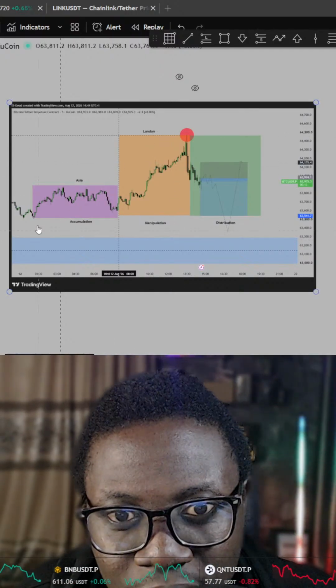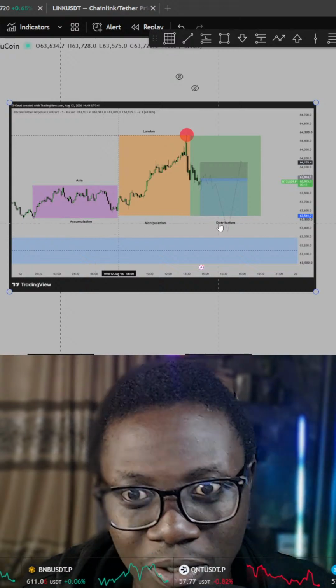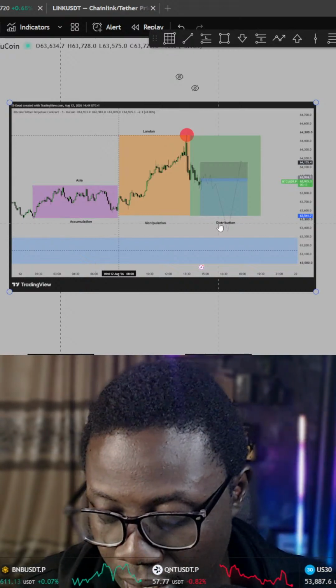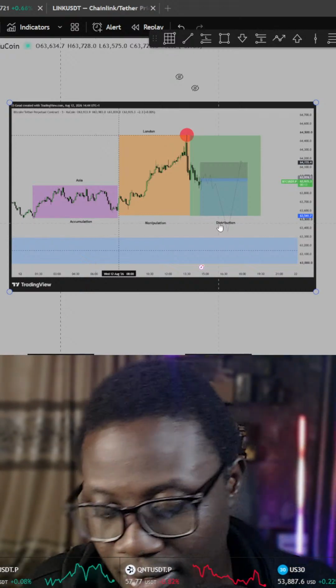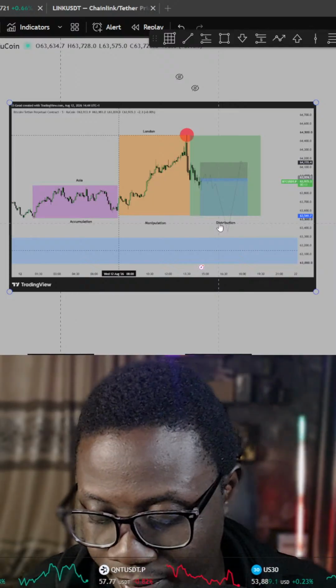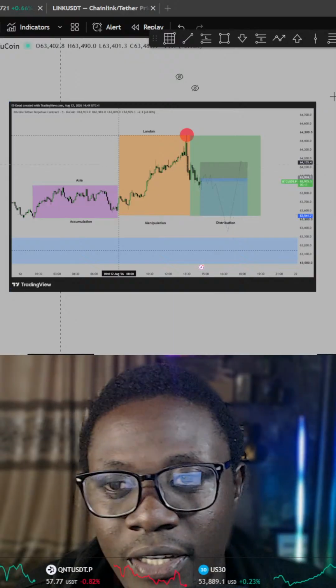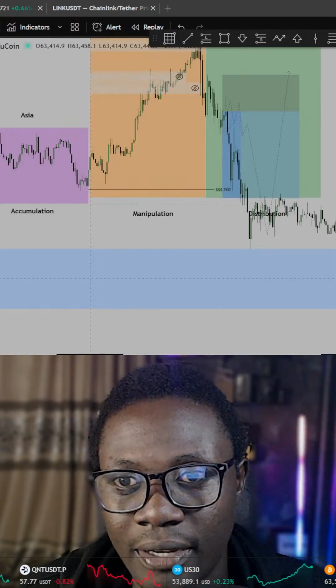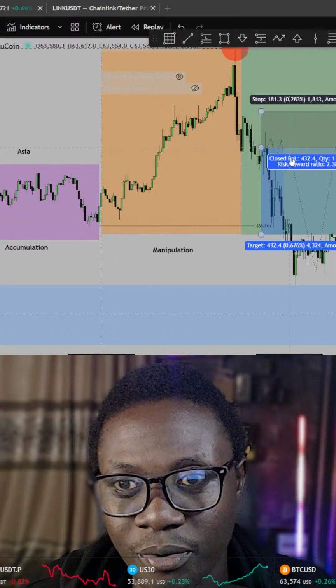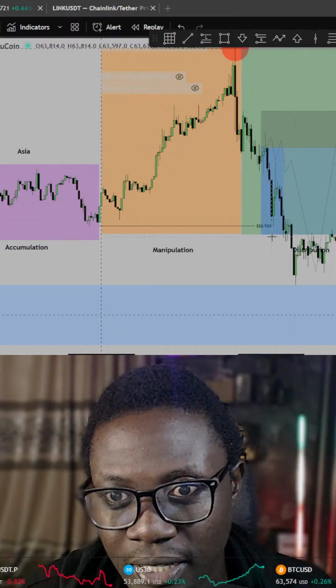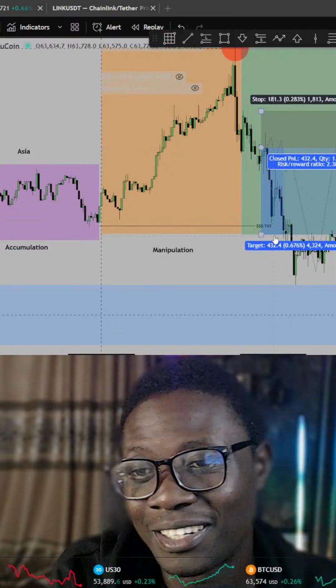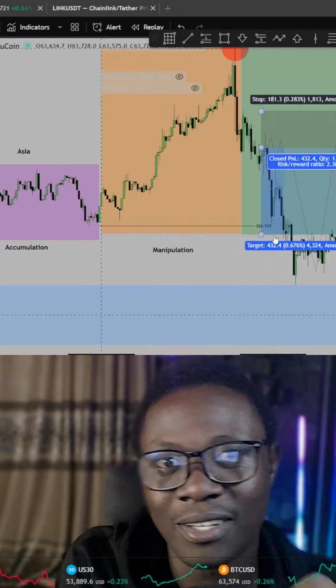You could see we were looking at accumulation, manipulation, distribution, which is part of the ICT style of trading. So we saw the market going that way, right? And we had our take profits hit, and we jumped out of the market.